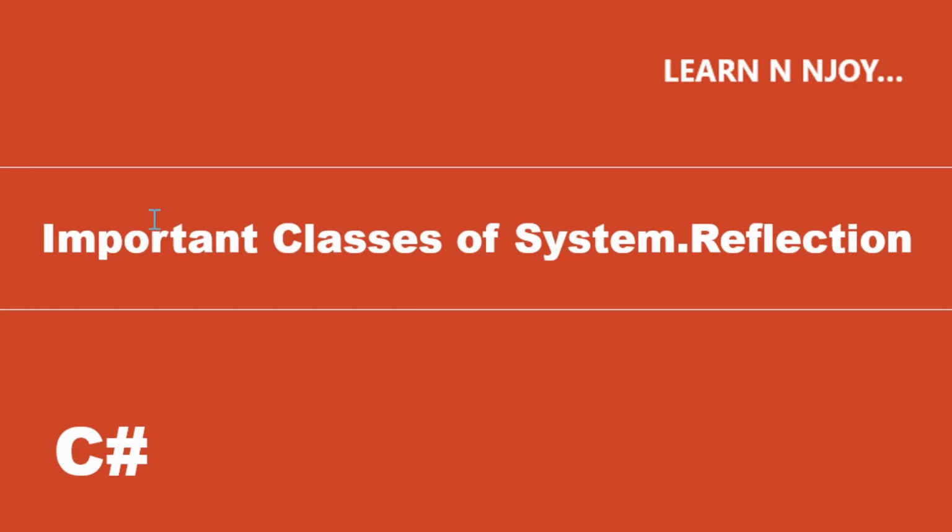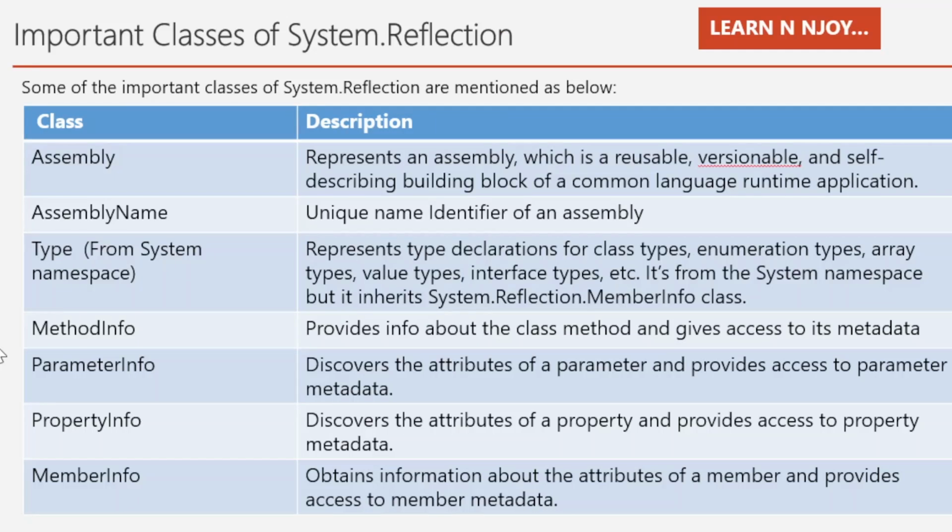Okay. So, important classes of System.Reflection. Here we will be seeing some important classes of System.Reflection, which are important while implementing reflection. If you see the classes: Assembly, AssemblyName, Type, MethodInfo, ParameterInfo, PropertyInfo, MemberInfo.